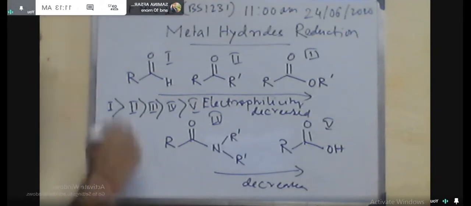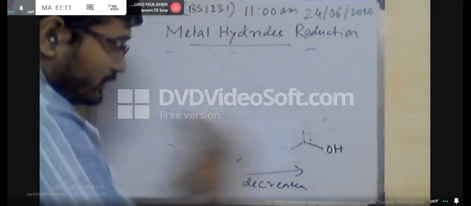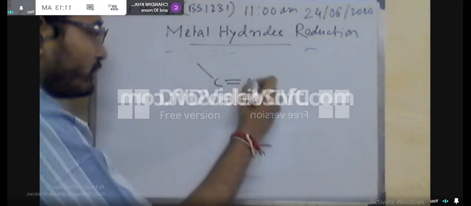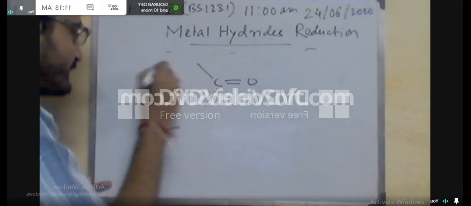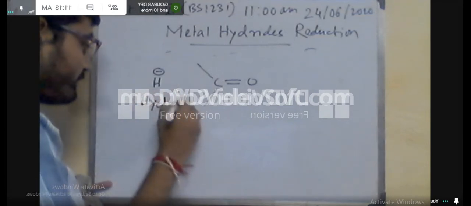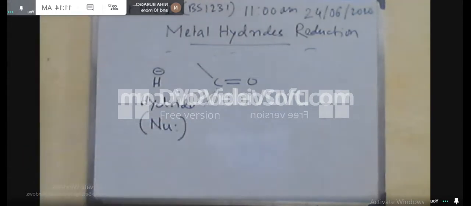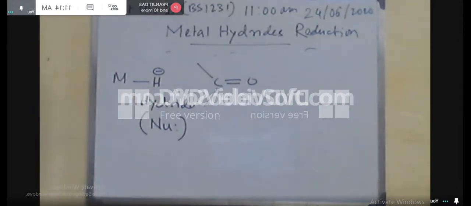So if I generalize the mechanism for all, this is the C=O, this is your electrophilic center, and here is the H minus, that is the hydride. It will act as a nucleophile. The hydride comes from a metal hydride, MH.